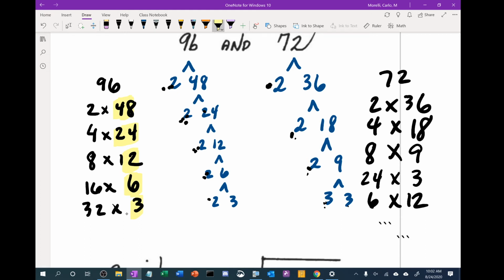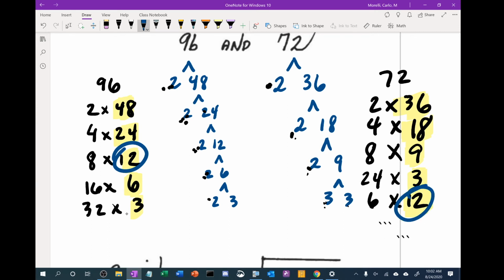So we look at these two lists, okay? And you tell me what is the biggest number that is in both lists. 12. Very good. So circle the 12 in both lists.